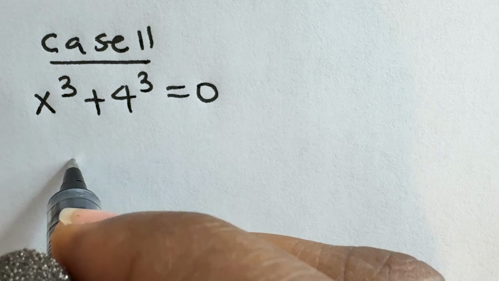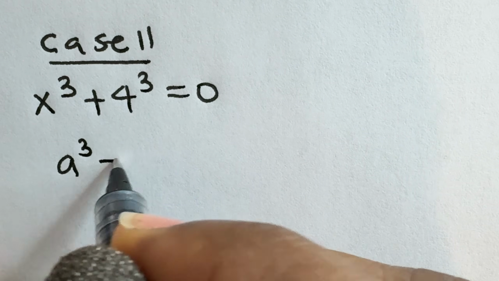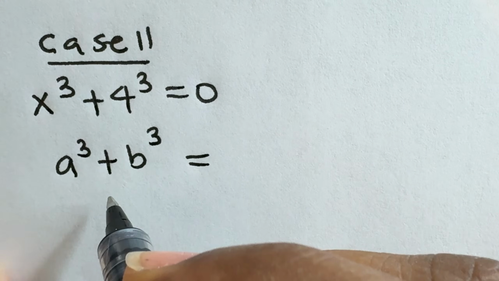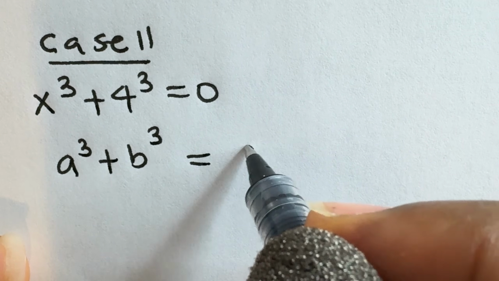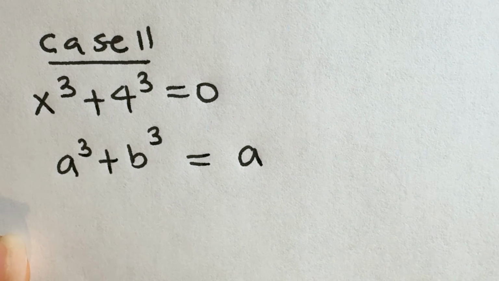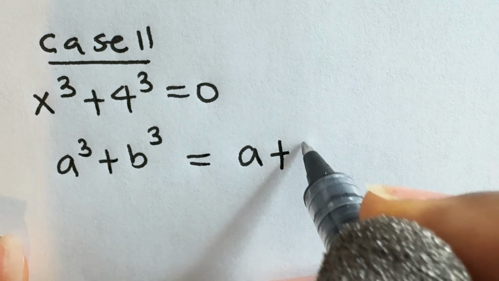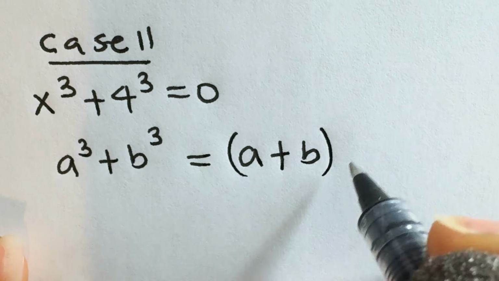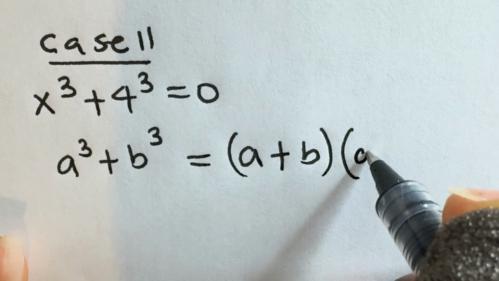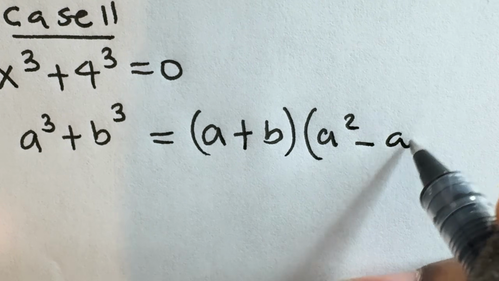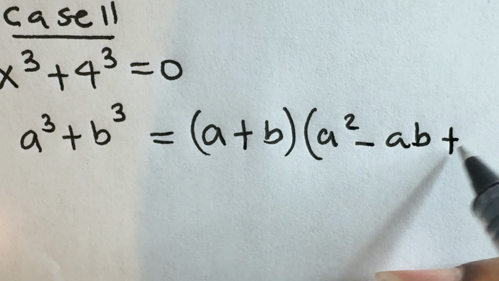By identity, a raised to power 3 plus b raised to power 3 can be factorized as a plus b into brackets a squared minus ab plus b squared.